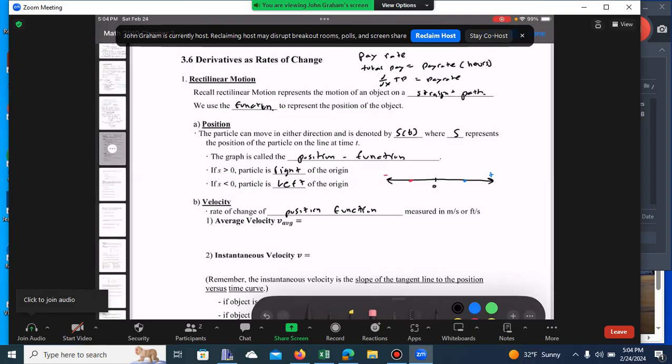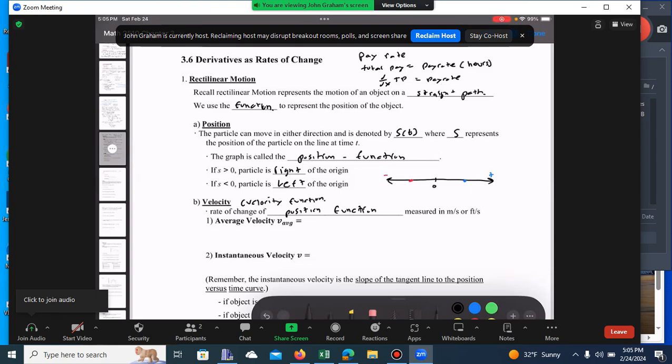Now, velocity we'll measure in meters per second, feet per second, just any kind of distance per time. So miles per hour, for example.